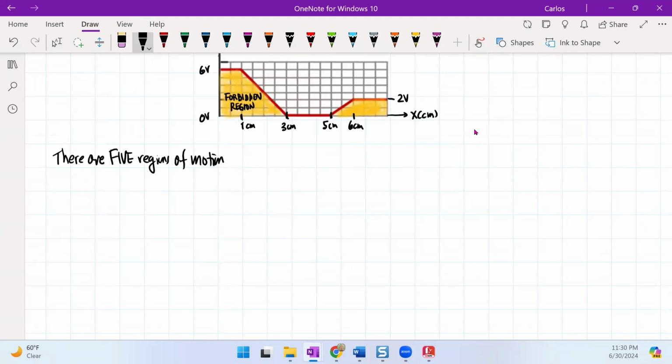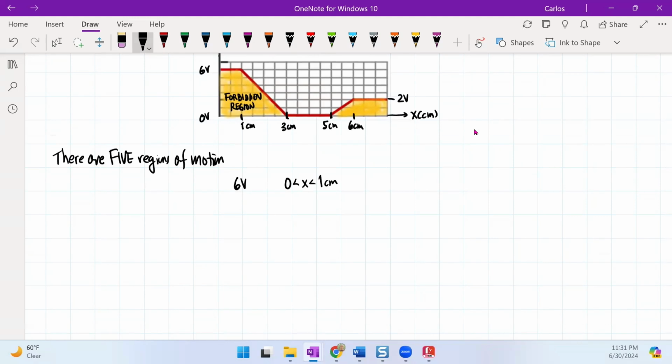Well, the first one is a region of 6 volts, and that has to be between, let's say, 0 and 1 centimeter. Now remember, writing in centimeters is not a good thing, as long as I remember to convert it when I have to. It's just nice to put it in centimeters here.